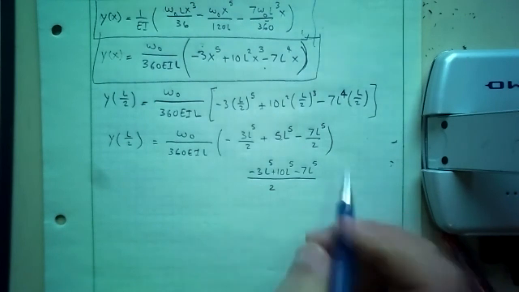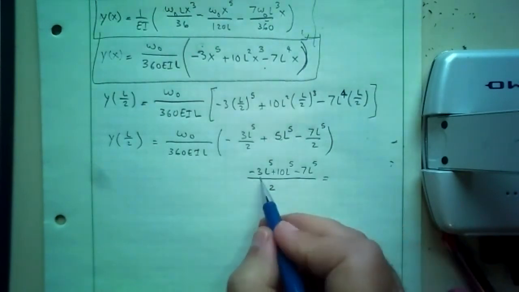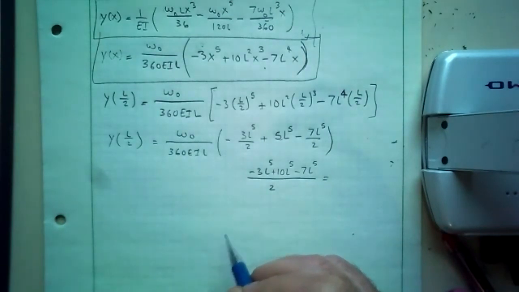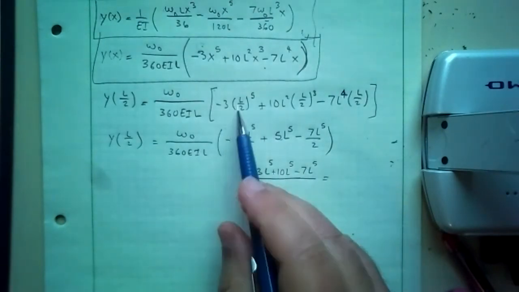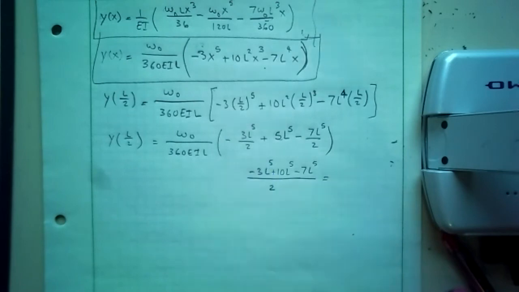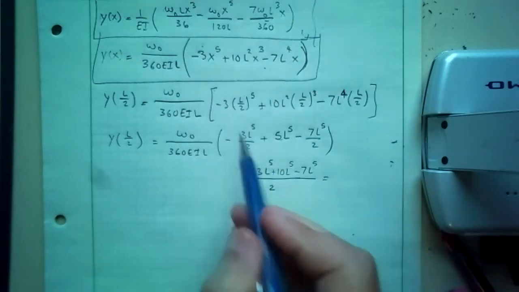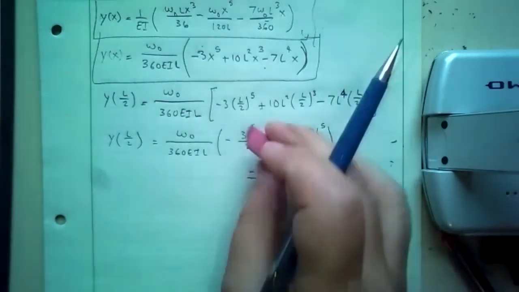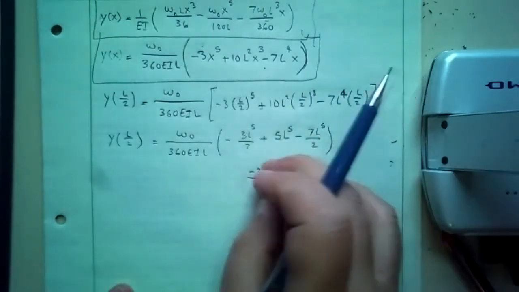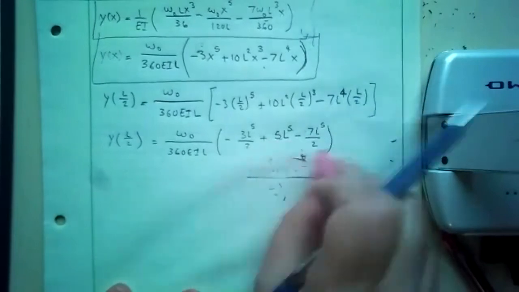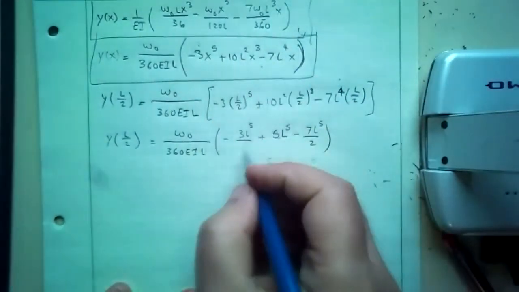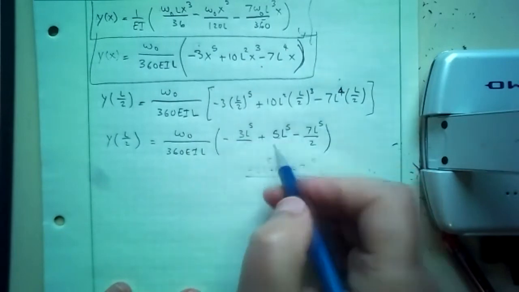Okay, so what is that? That's 0? Wait a minute, what have we done here? Did I do that right? Oh, this is 2 to the 5th. I messed that up. It can't be 0. This is incorrect. 2 to the 5th, and this is 2 cubed, right?